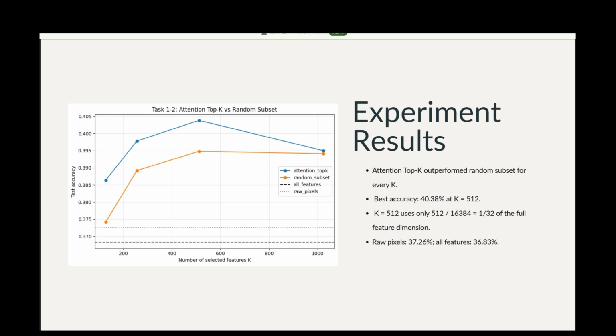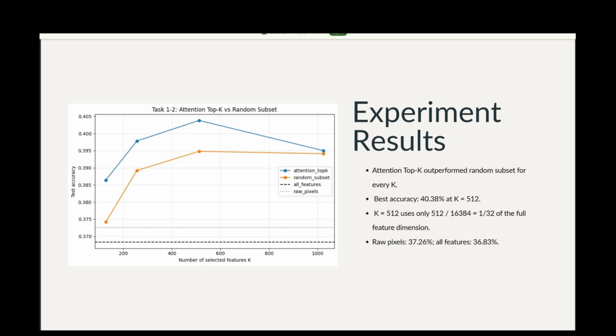The best result occurs at k equals 512, where the test accuracy reaches 40.38%. This uses only 512 out of 16,384 features, which is 1/32 of the feature dimension.